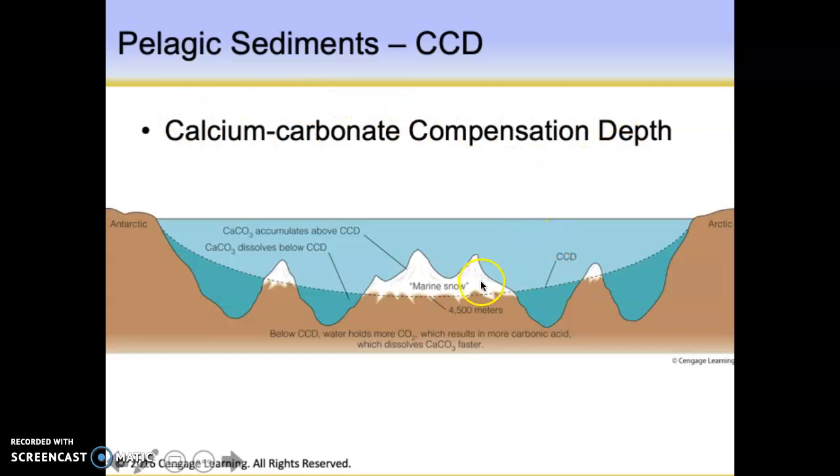Once you get below the CCD, you will not find calcium carbonate shells creating ooze on the bottom of the deep ocean floor. So you can see if the water is shallow enough, if we're above the CCD, we will accumulate those calcium carbonate shells. If we're below the CCD, we will not, because they will dissolve.